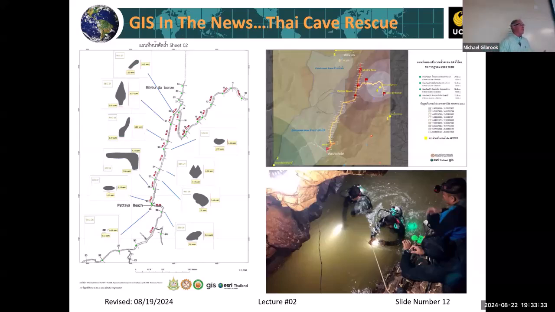And in fact, GIS gets used in a lot of real-time natural disasters: hurricanes, earthquakes, fires. GIS is all over it when it comes to any of those natural disasters that are being handled in real time. So this is just another case of having an incident where GIS swooped in and came to the rescue. It was only a small part of the overall effort, but an important part.